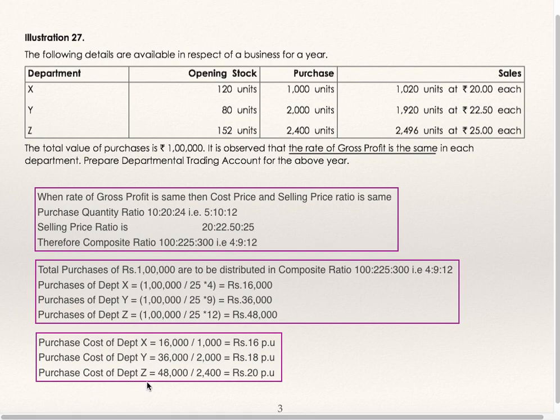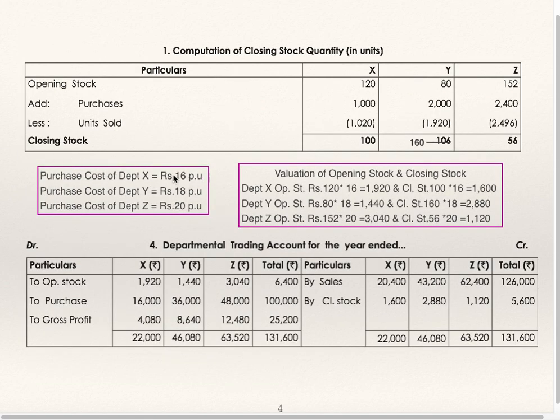Department Z is 48,000 divided by 2400, which is 20 per unit. These rates we will be using for valuing opening stock as well as closing stock.